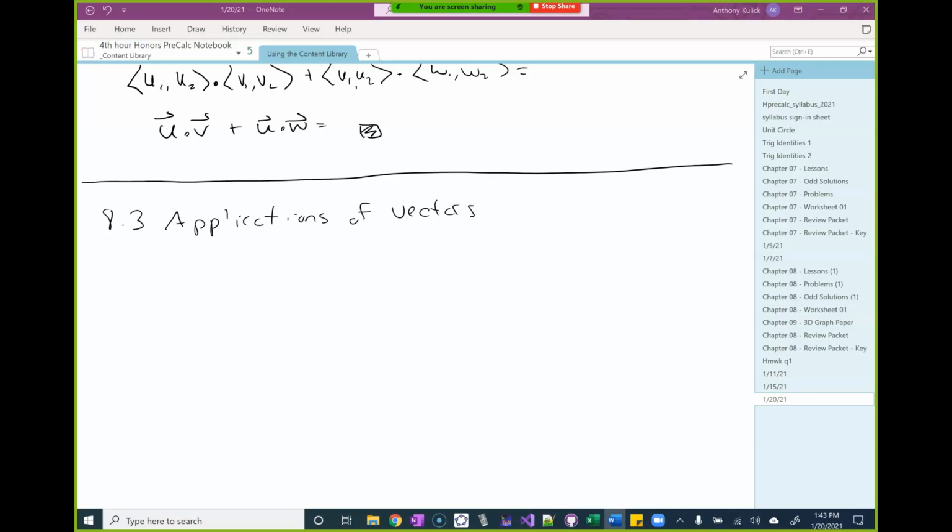I think we did this back in chapter 4. And then we'll extend this idea. We'll define another vector operation and talk about some story problems in that context.